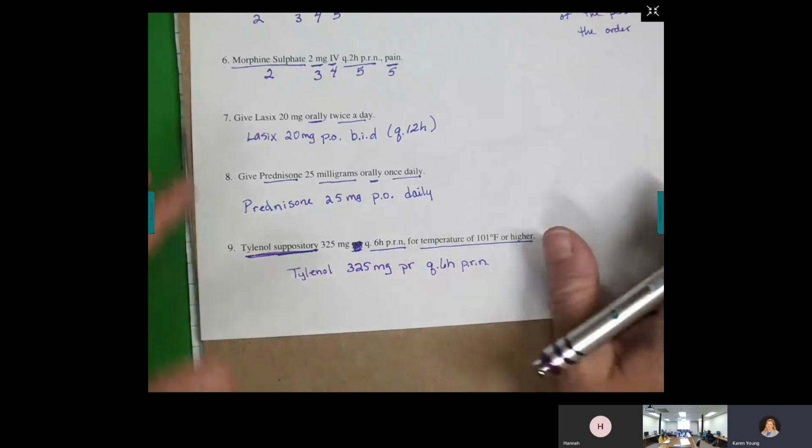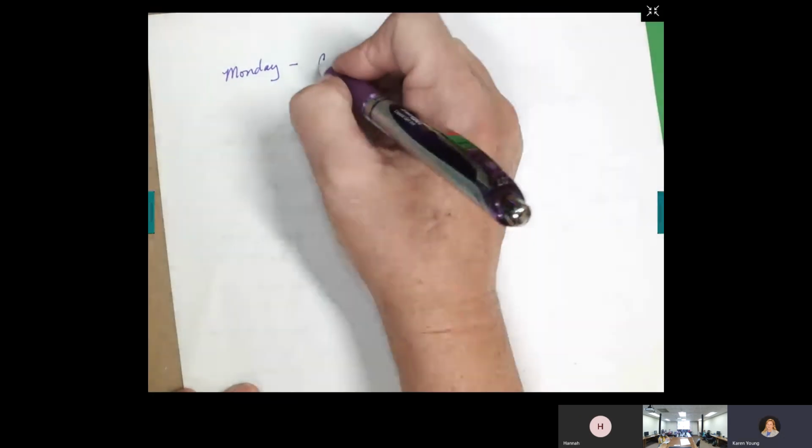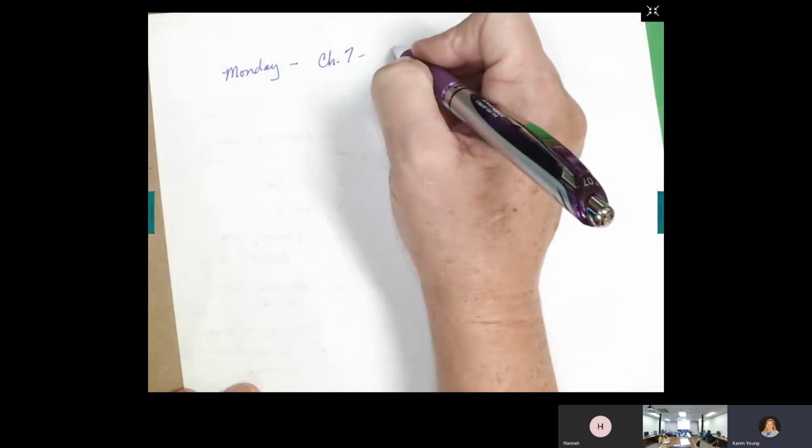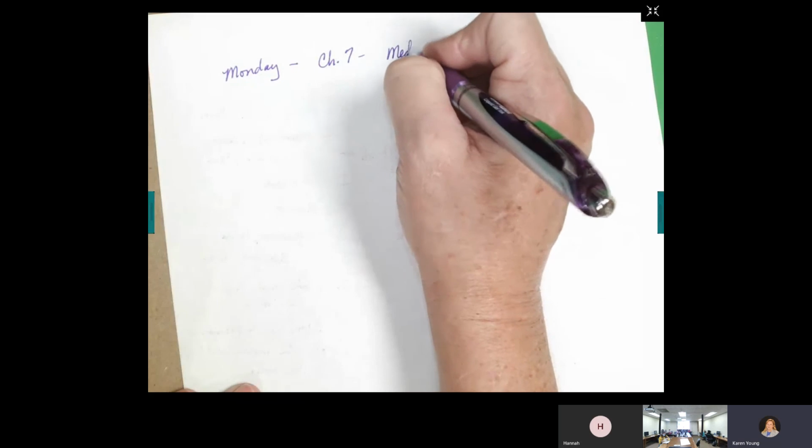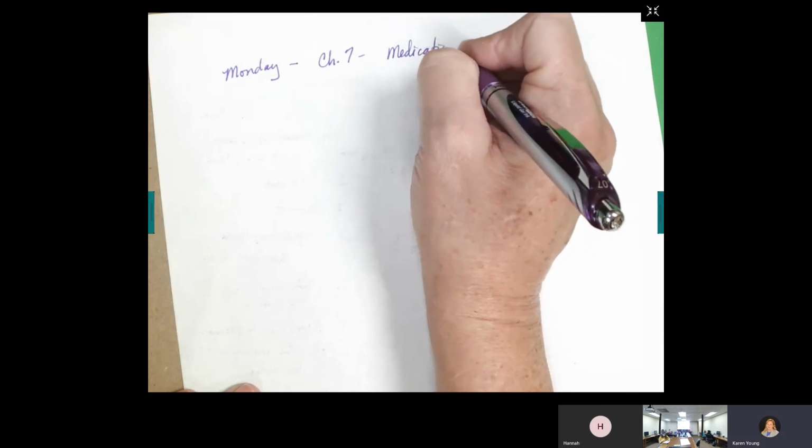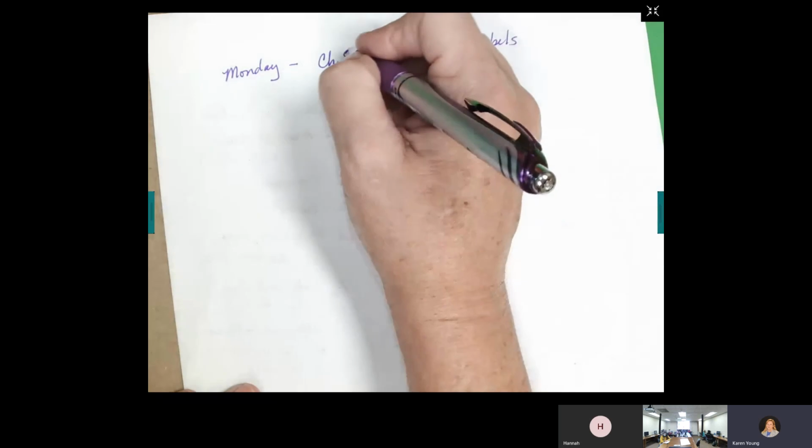Okay. What I have planned, I'm going to write it on the back of this. Today is Wednesday. So Monday, we're going to cover Chapter 7, which is medication labels. Actually, that's Chapter 8. We just did Chapter 7 today.